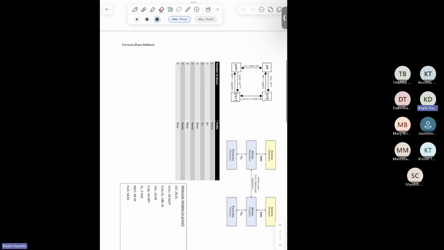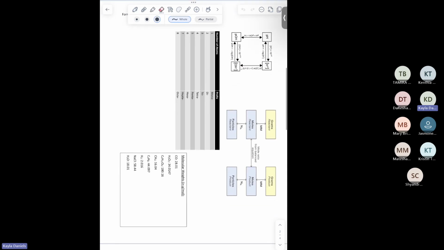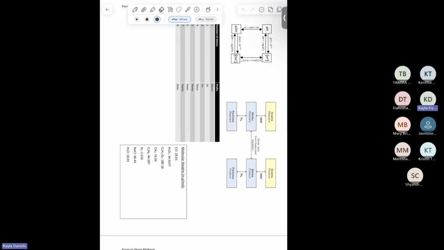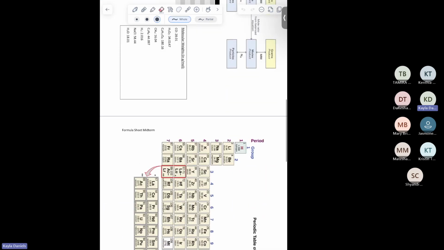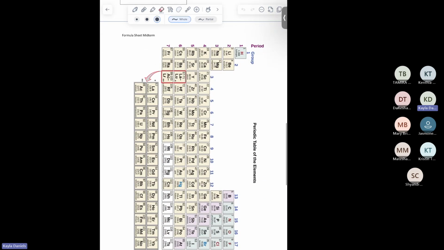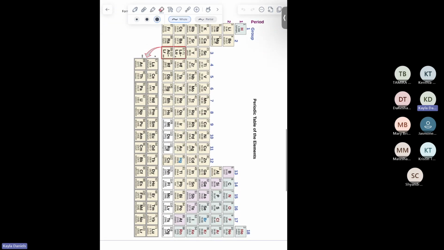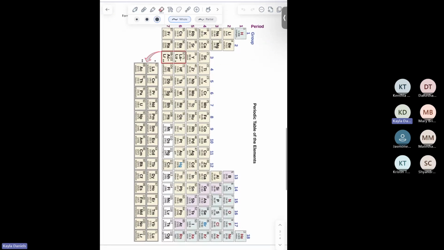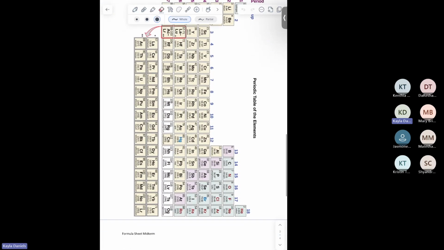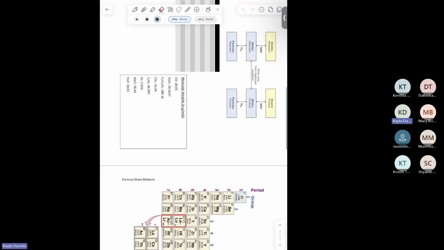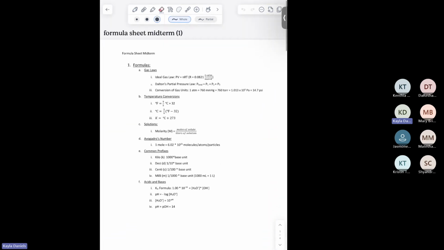We have the prefixes for covalent compounds, the stoichiometry chart, and the molecular weight thing I've been referencing, and then the periodic table. You're allowed to bring your own periodic table that you have written notes on, front and back side's fine. I'm going to try to print it in color, but I doubt I will have access to a color printer. If you prefer to have your stuff in color, I can post this.